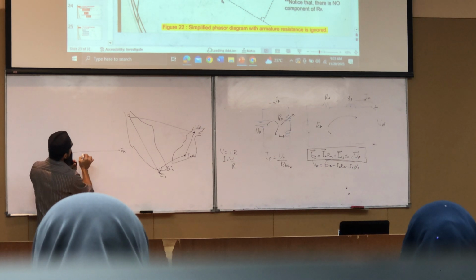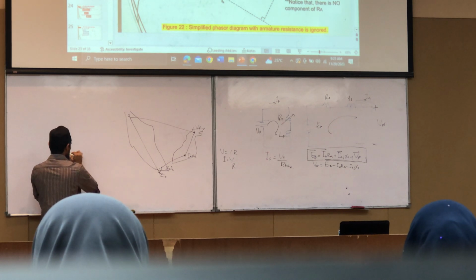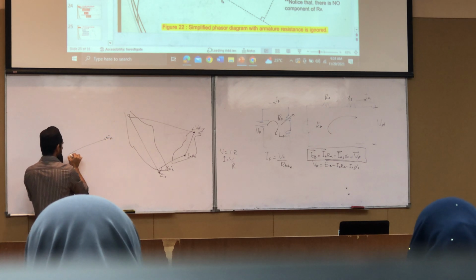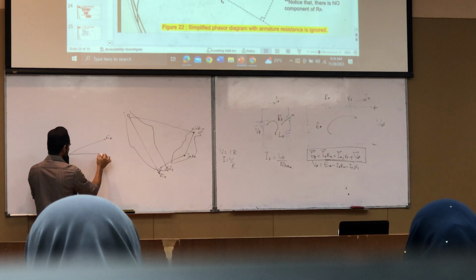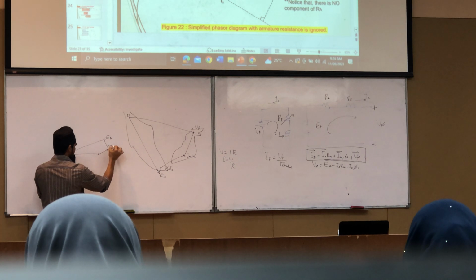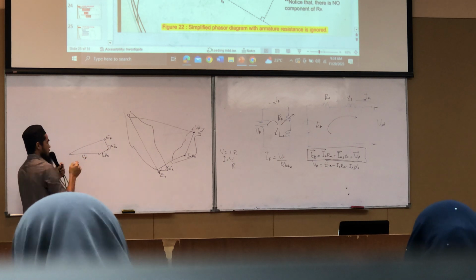You punya, this is your EA, internal generated voltage, dengan you punya V phase campur dengan IA-XA campur dengan JXSIA. This is IA, RA, this is V phase.